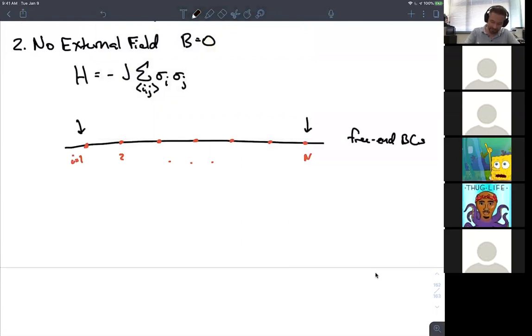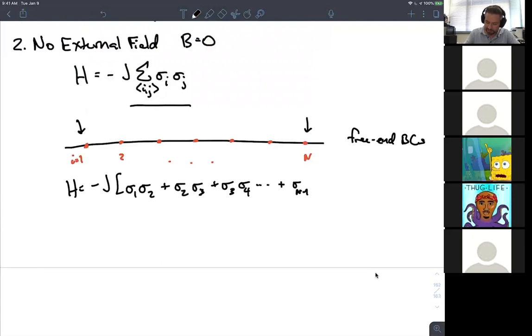So when you write out the Hamiltonian, you just write out the sum explicitly. You get minus J times sigma 1 sigma 2, plus sigma 2 sigma 3, plus sigma 3 sigma 4, plus up to sigma n minus 1 sigma n. Now the way that we were going to solve this was through a change of variables.